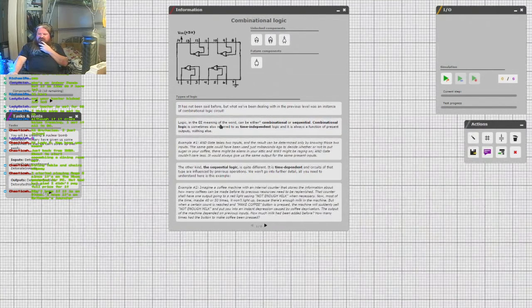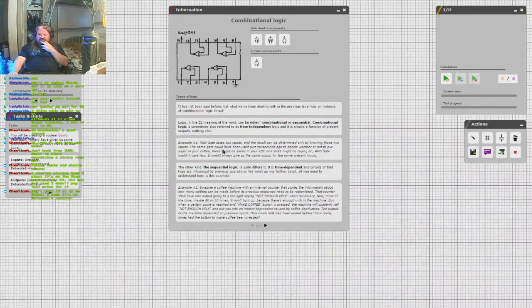Logic, in the electrical engineering meaning of the word, can be either combinational or sequential. Combinational logic is sometimes also referred to as time-independent logic, and it is always a function of present inputs, nothing else. Example: an AND gate takes 2 inputs, and the result can be determined only by knowing those 2 inputs.